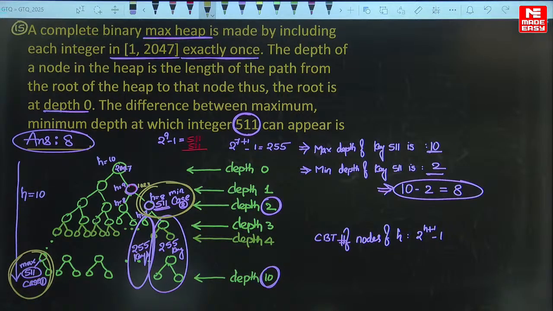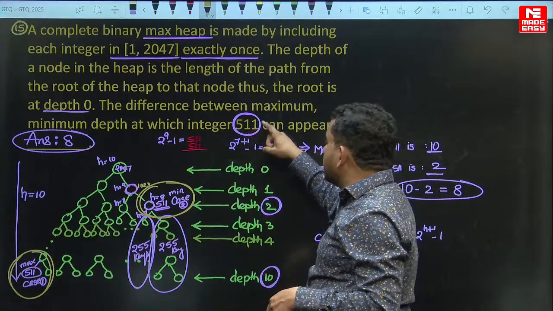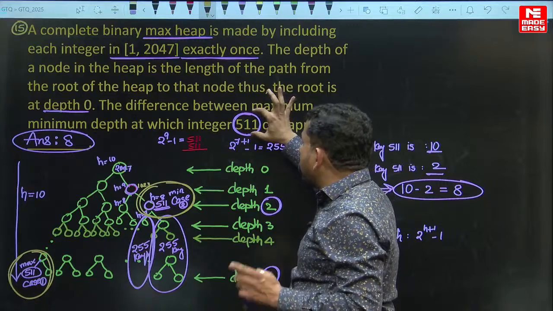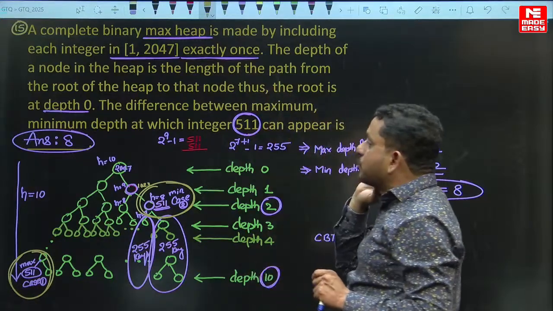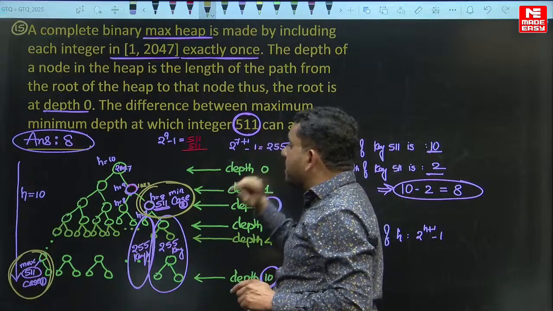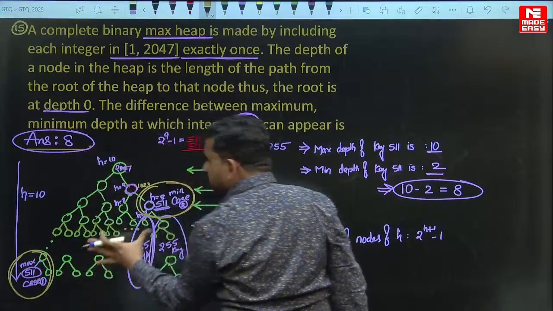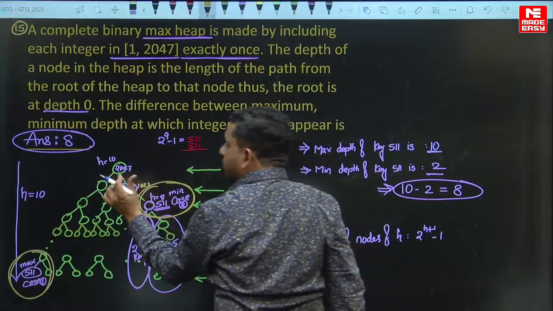What will be the answer if they ask about a min heap? For a min heap, anyhow 511 can't be at the root level. Just recalculate one more time.